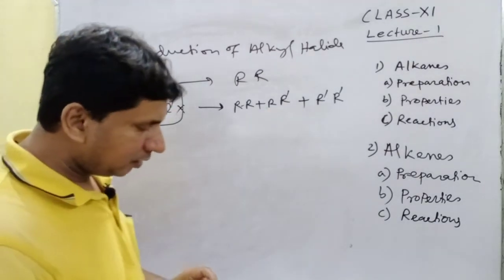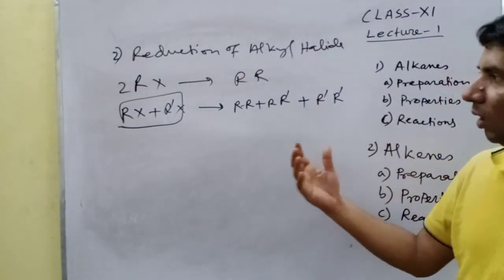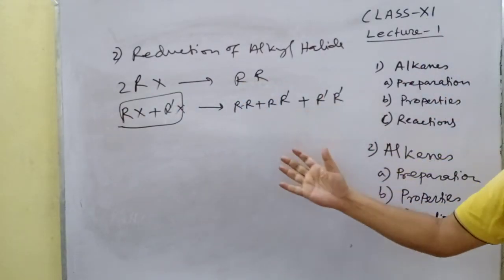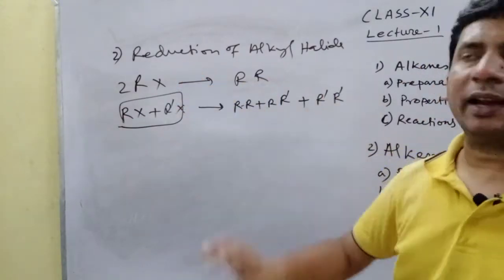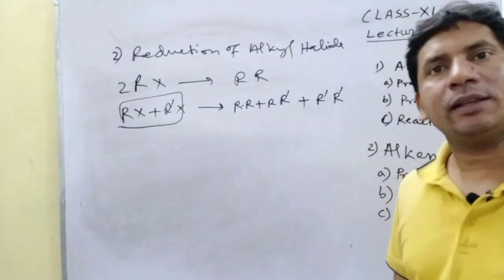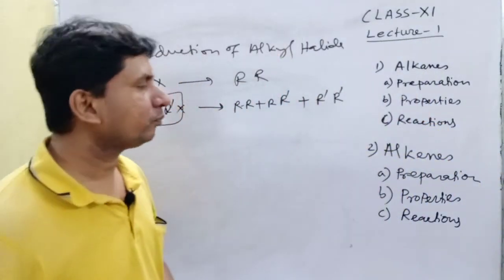So this reaction is limited, because we are unable to get only a single product. We will get a mixture of products by the Wurtz reaction if R and R dash are different. Okay, if R and R dash are the same, there is no problem.